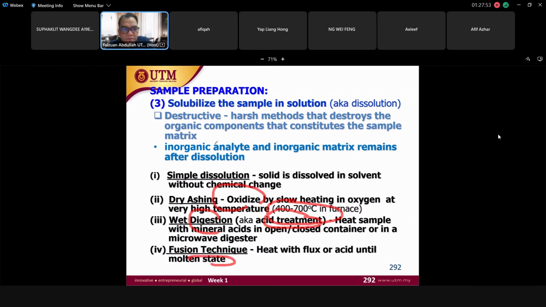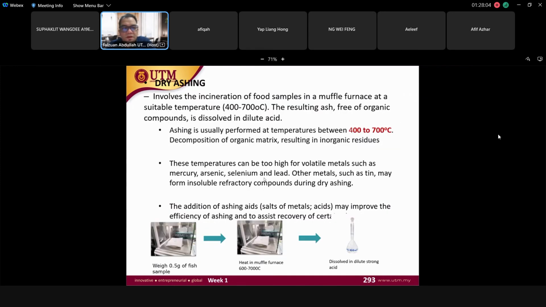We have several types of sample preparation according to standard methods. For different analytes and different samples, we have different types of sample preparation. Normally it involves heating and digesting, which is putting acid and heating it to remove all the interference, organic matrix, and so on.